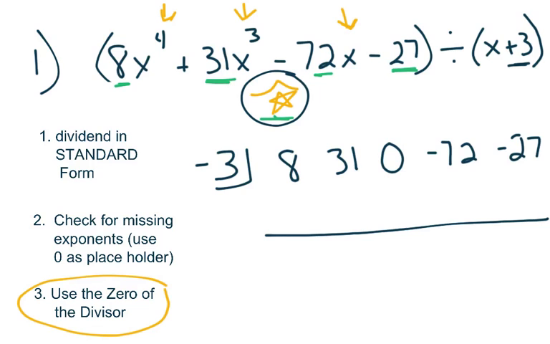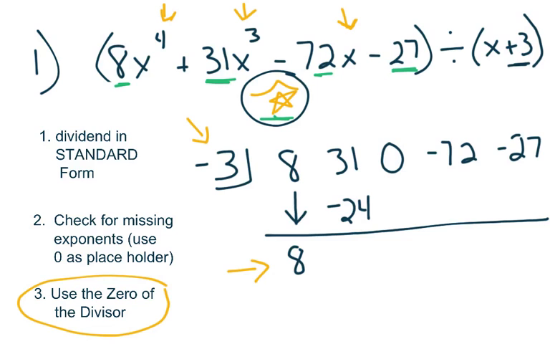Alright, so the first step is going to be to bring the first number down below the line. Then we are going to multiply the number in the box times the number underneath the line. So -3 times 8 is -24, and I write that above the line under the next number.